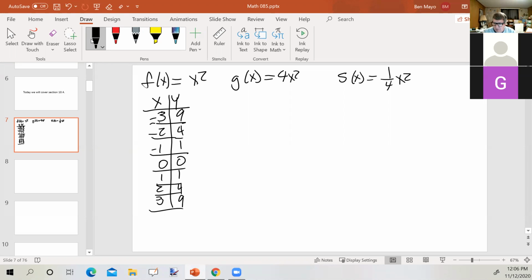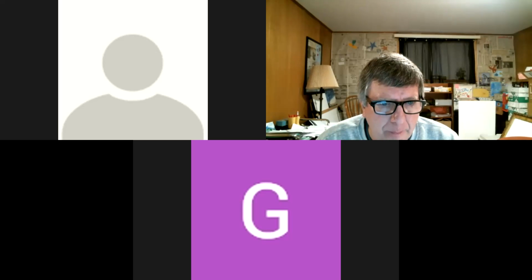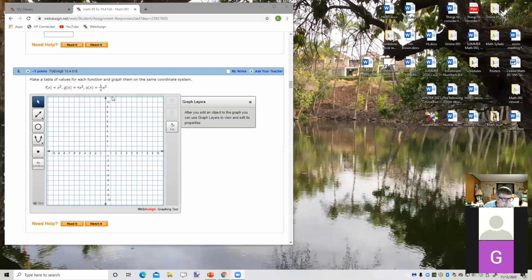In Webassign, to get the graph of a parabola, you only need to plot 2 points, but you must plot the vertex first. If you plot the other point first, it won't know what you're doing and your graph will be incorrect.